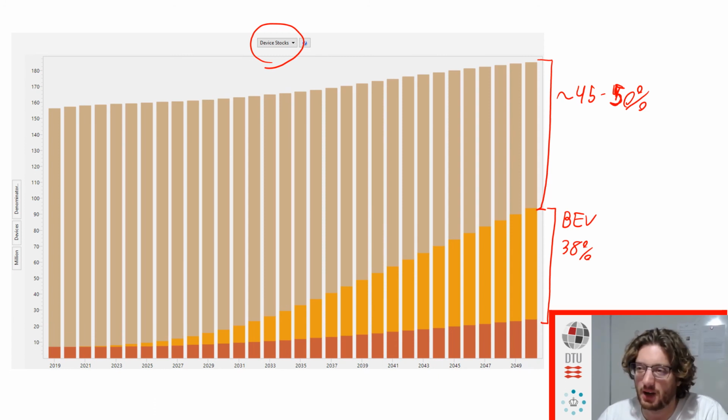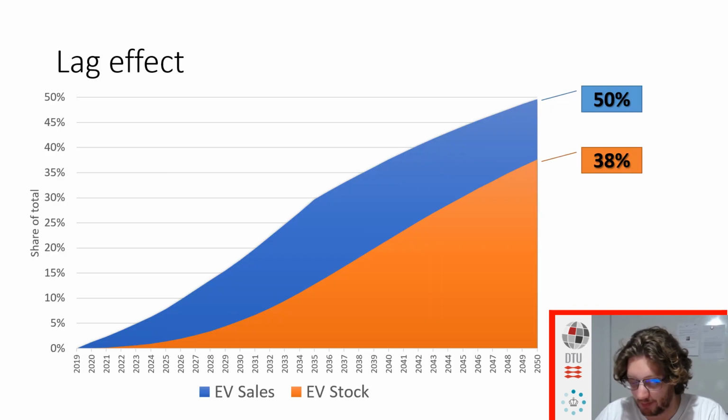So the dealership might sell 50% electric vehicles, but on the roads it's only a little bit above a third of the vehicles that are BEV, just because it's going to take some time. So you can really see there's quite a pronounced lag effect for these vehicles. And now just to show that more directly, and I was right, it was 38%.